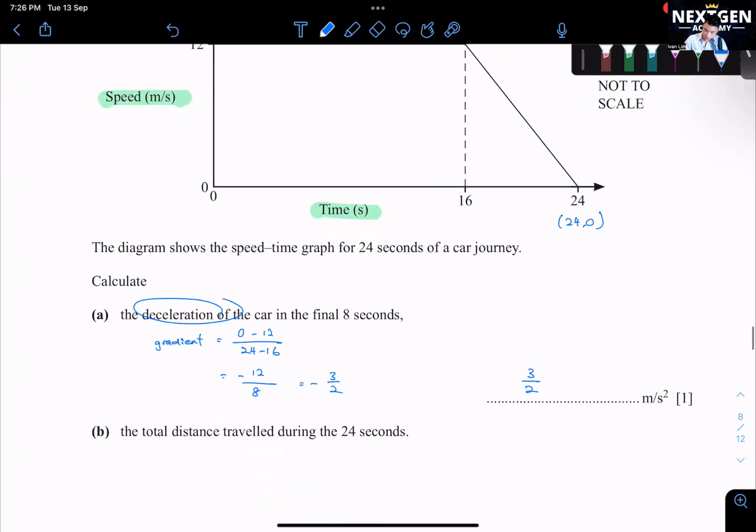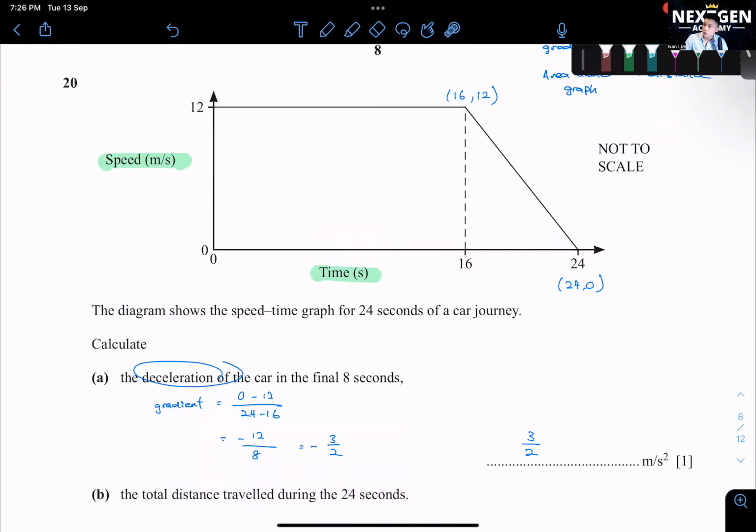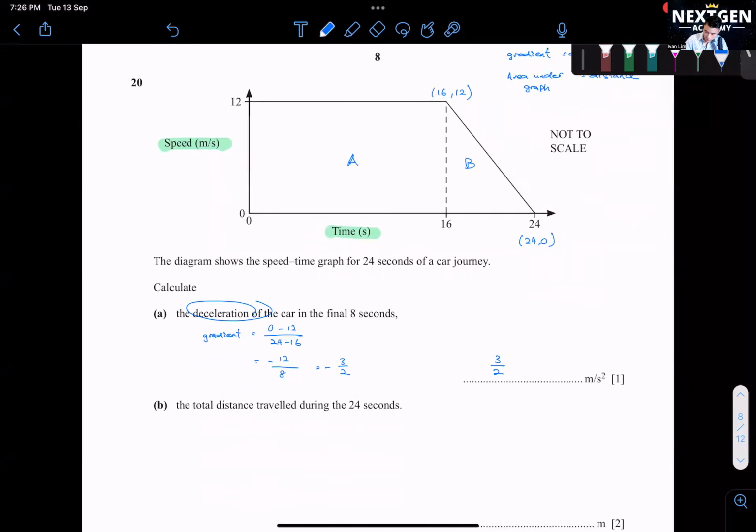Okay, so if you want to find the total distance, you can just find the area under the graph. You can break it down into this one, let's just call it area A, and this one area B. One is a rectangle, one is a triangle.